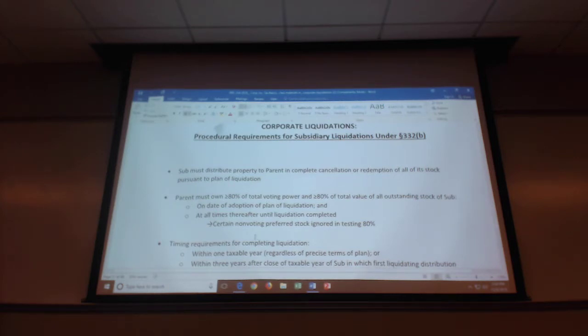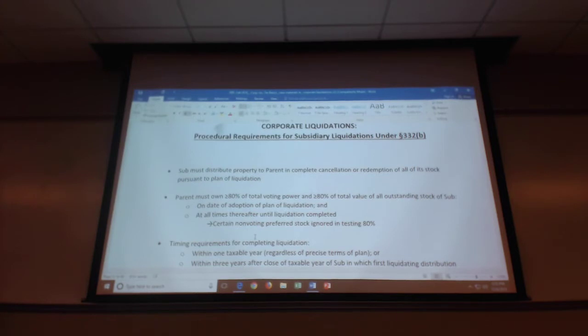And this can cause an issue. Sometimes you might see fact patterns. There are a couple of revenue rulings that I assigned where a corporation might not be owned 80% by the parent, it might be owned 70-30. There might be a parent owning 70%. And it figures out a way to buy some of the 30% stockholder's stock to push its ownership up to 80%, and then adopt a plan of complete liquidation.